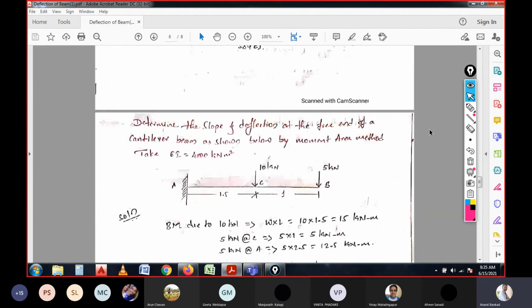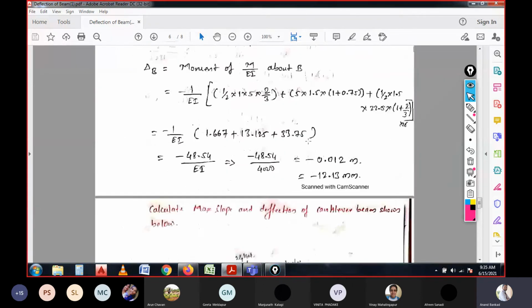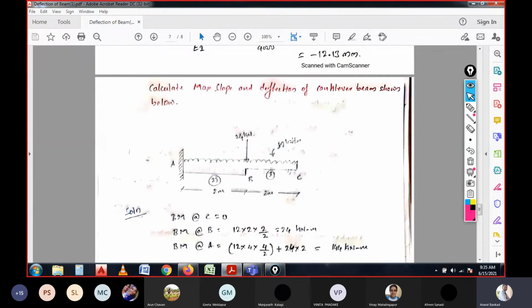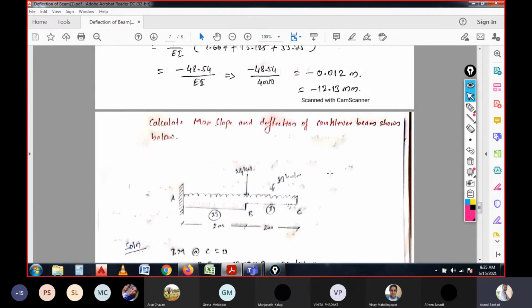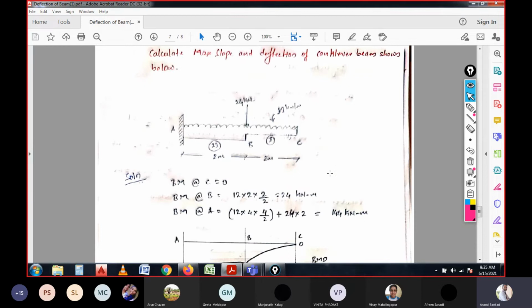Now this is what we have discussed. Again, in a similar case, if the I value is changed, and along with the uniformly distributed load a point load or concentrated load is acting in the span, how exactly would it be?